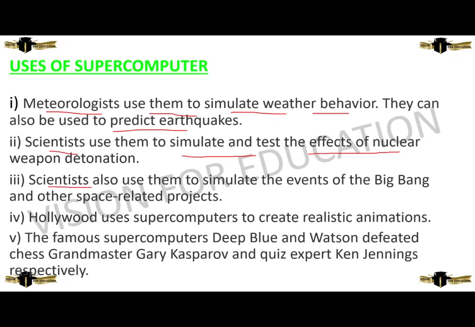Scientists also use them to simulate the event of the Big Bang and other space related projects. Hollywood uses supercomputers to create realistic animation. The famous supercomputers Deep Blue and Watson defeated chess grandmaster Garry Kasparov and quiz expert Ken Jennings respectively.